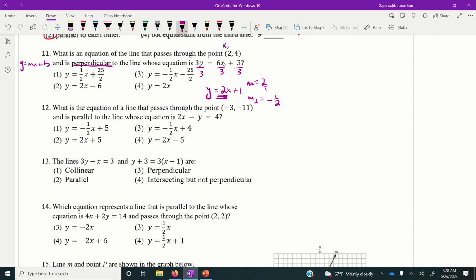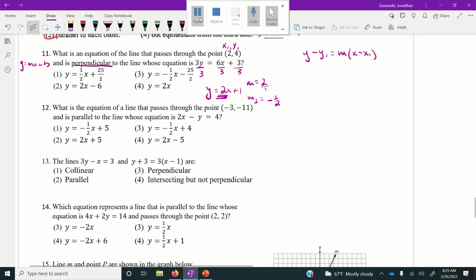Also keep in mind that this point we are calling x1 and y1. So when we go over here and do y minus y1 equals m times x minus x1, we can just substitute into the equation. Now this is not on the formula sheet. You're going to need to remember this one. Okay, y minus y1 equals m times x minus x1.